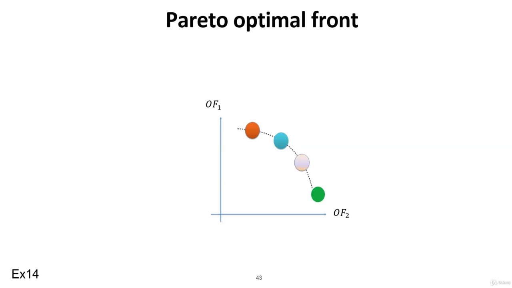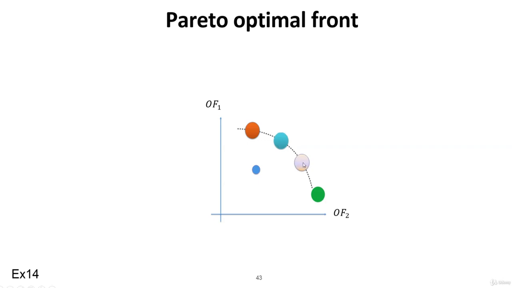If I show you another solution in this space, the dark blue one, there are now 5 solutions you can see here. If I want to compare these solutions together, I can say that this solution is better than the dark one because it is better in terms of OF1 and OF2, so it is better in every aspect.